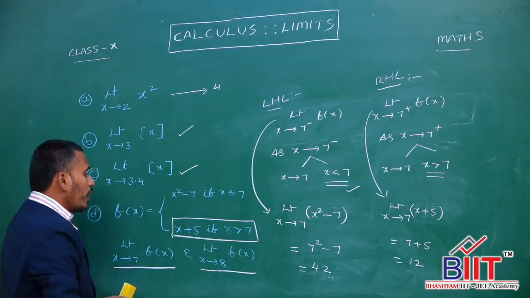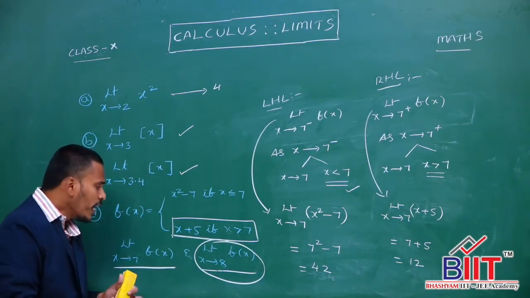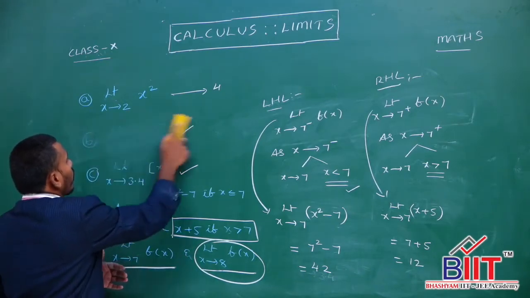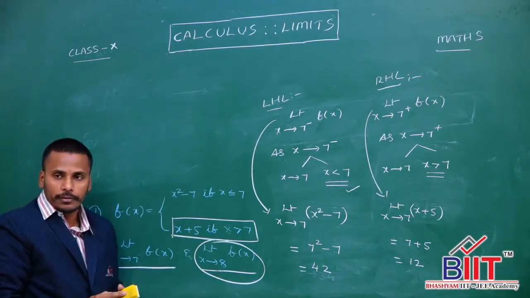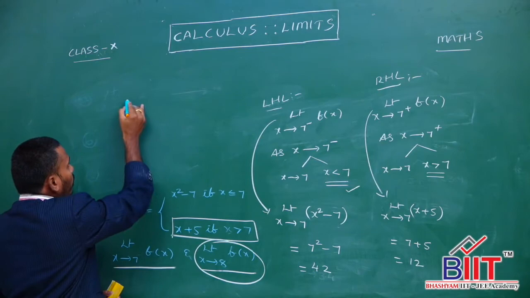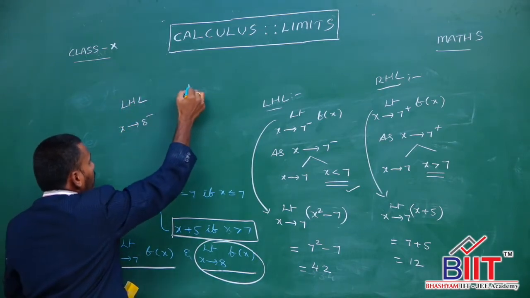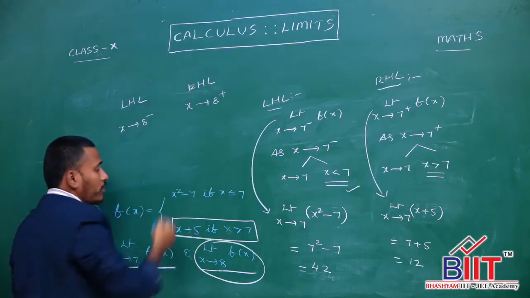But if you think about limit X tends to 8 f of X, we need to think about functional values on the left and right sides of 8. Okay. Thinking about the left hand limit means X tending to 8 minus, and thinking about the right hand limit is nothing but X tends to 8 plus.